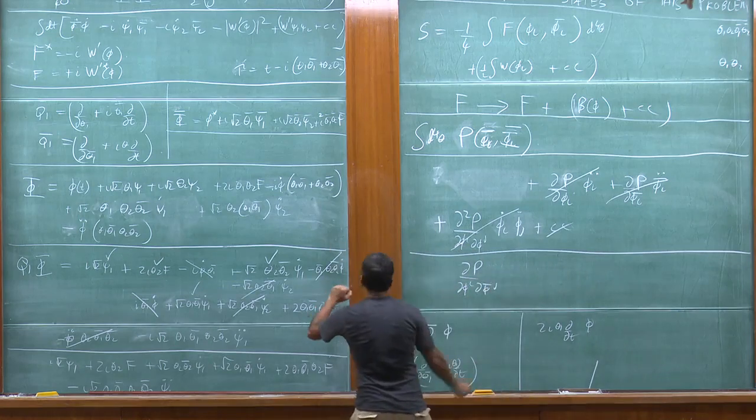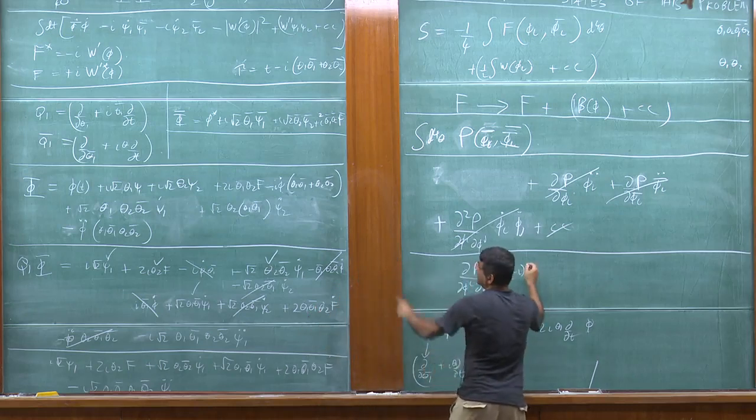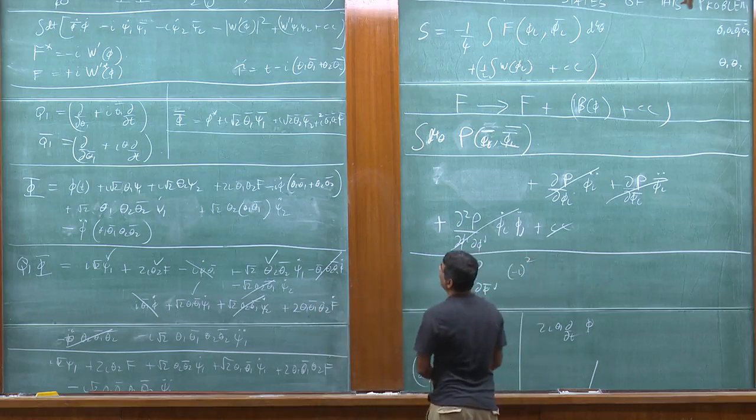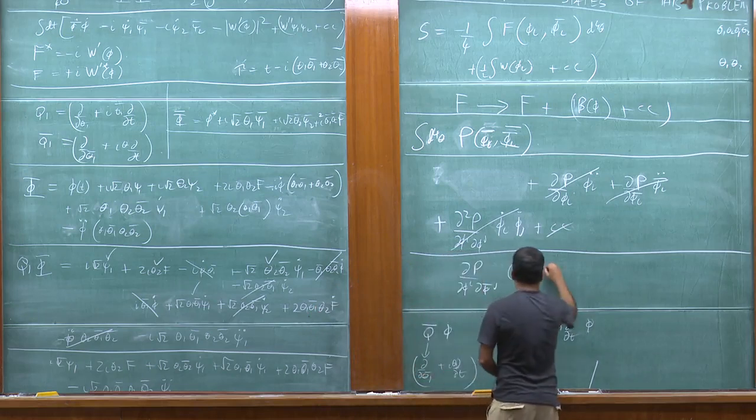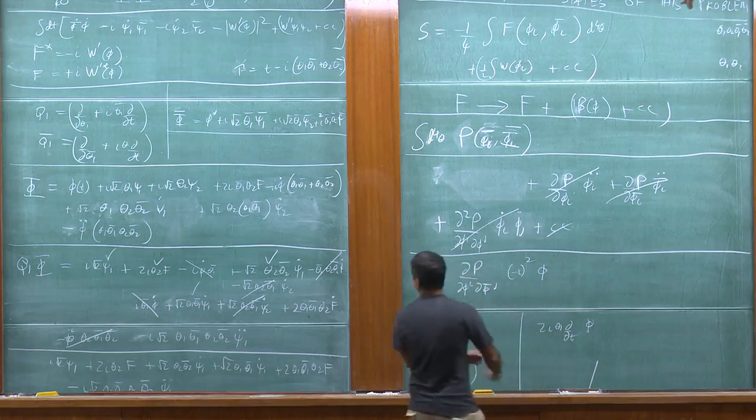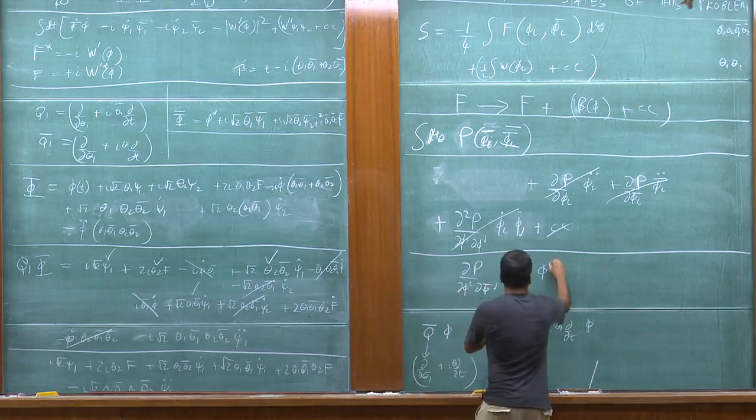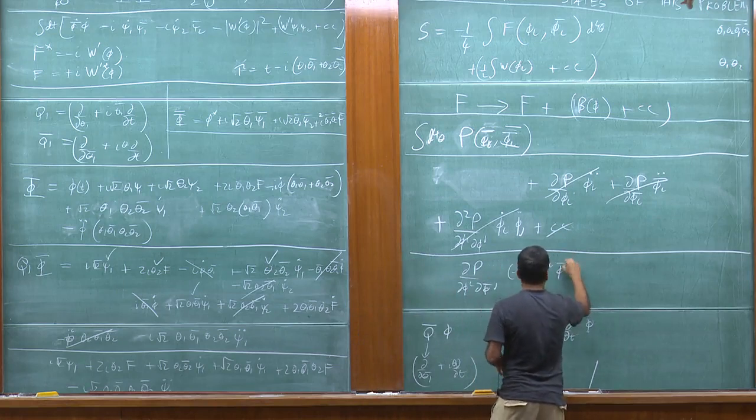Now we will get this minus I square, and there, when we do integration by parts, there is one more term. Let me write this down if you don't mind. Phi I dot phi j bar dot, and then with a plus.